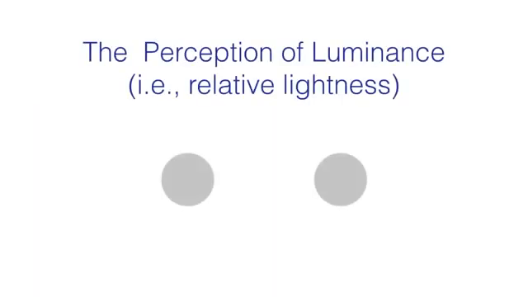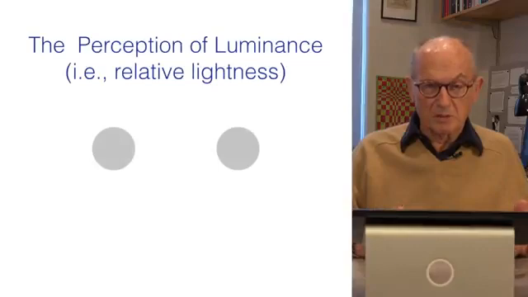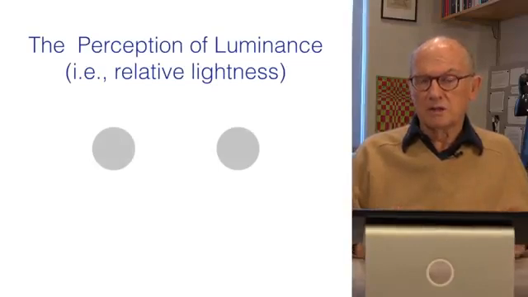Why is it there? Let's first take a look at the perception of luminance. The definition of luminance is a physical measurement. It's something we measure with a photometer. Again, as I said a minute ago, you all have one of these in your cell phones when you take a picture.